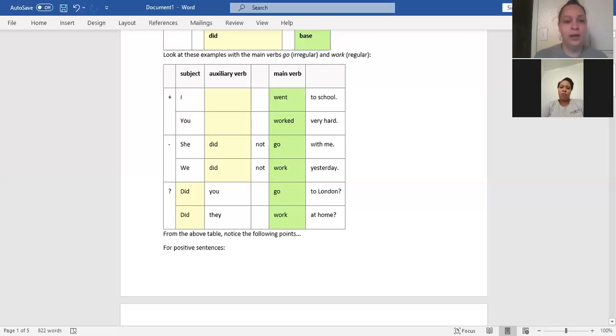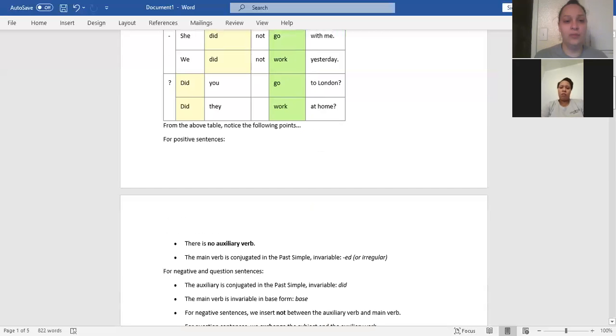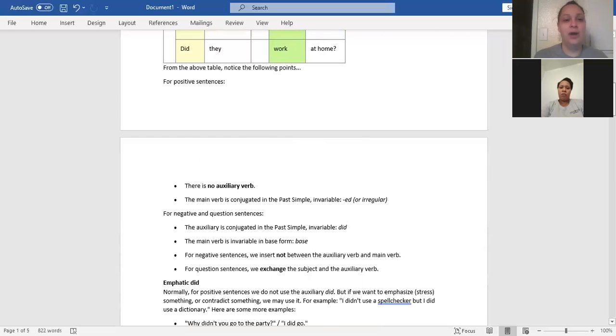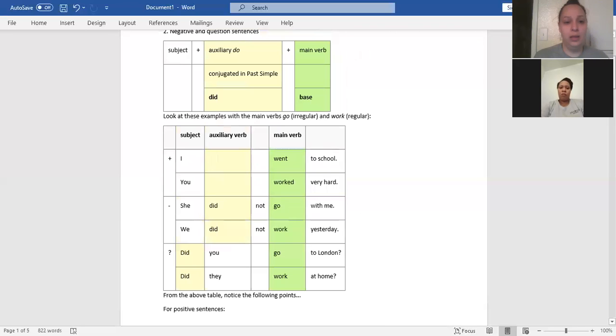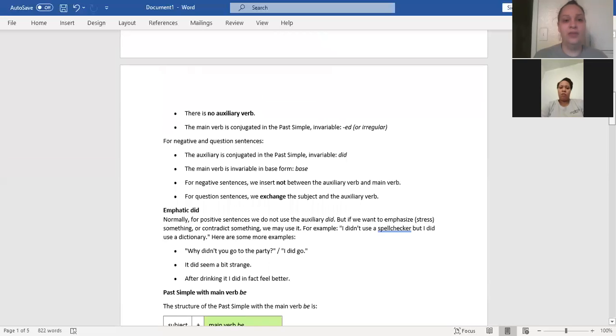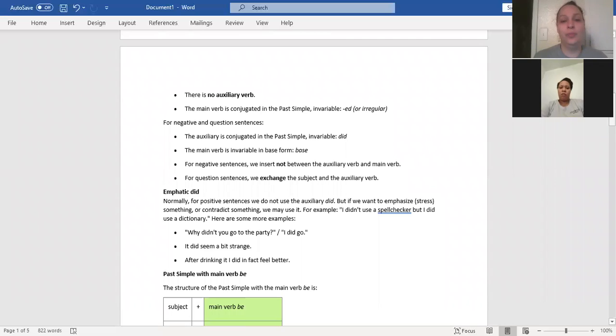From the above list, notice the following points for positive sentences. There are no auxiliary verbs for the positives. The main verb is conjugated in the past simple, invariable, ed, or irregular.